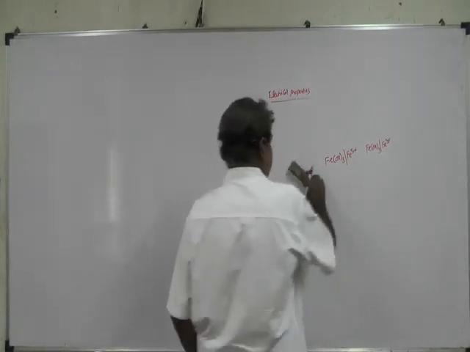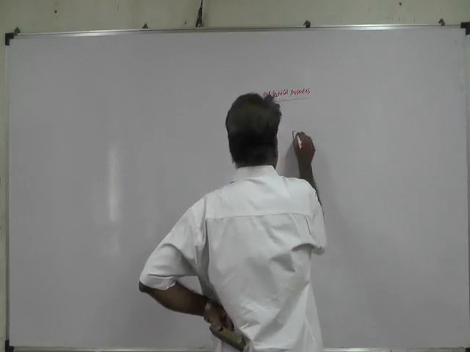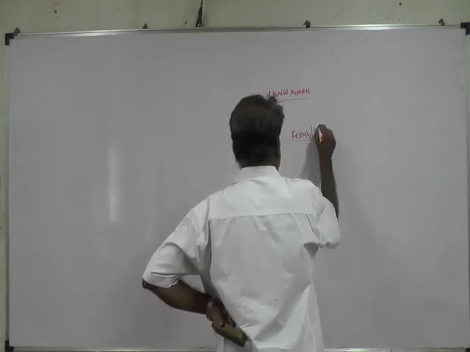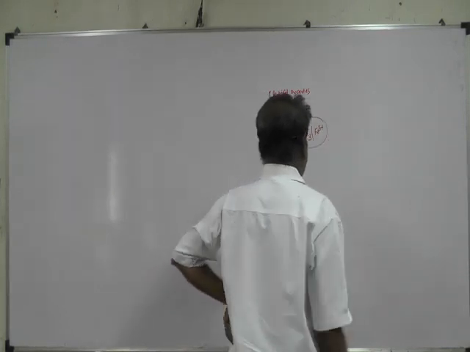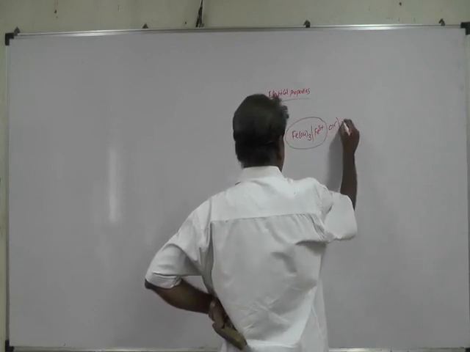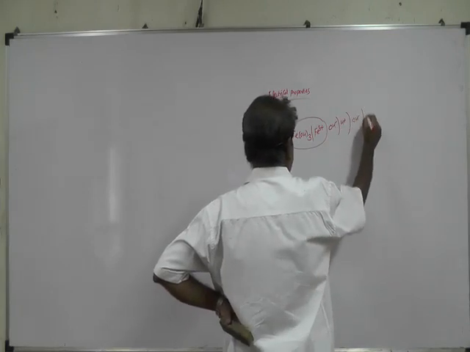Now, electrical properties. Fe(OH)3 is a positively charged sol. Here is the positive charge, and it is surrounded by water molecules, OH minus, H plus, and OH minus, H plus.